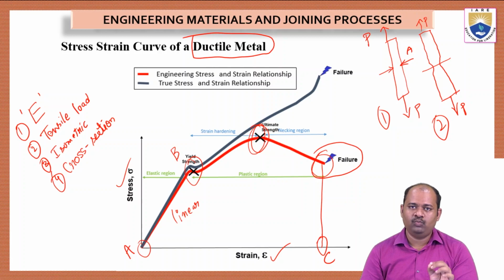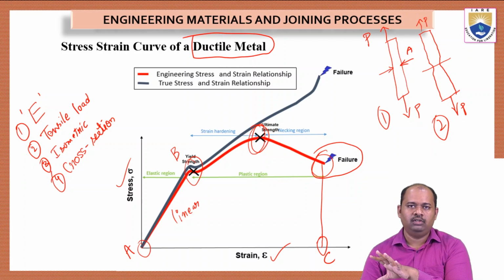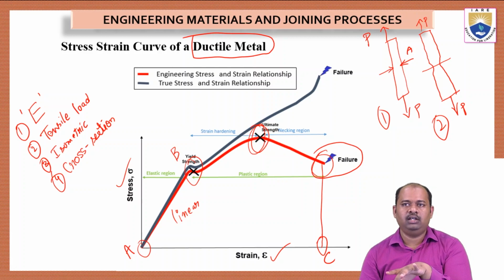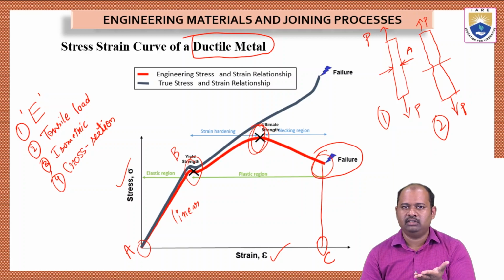So we have to modify this graph due to the decrease in the cross section upon applying load. This entire theoretical graph is no longer valid because the cross sectional area is being decreased.